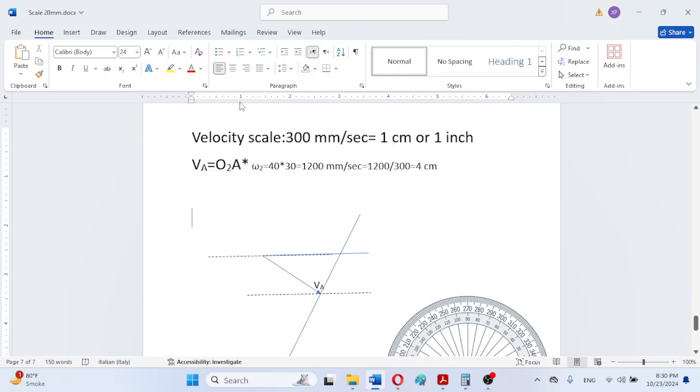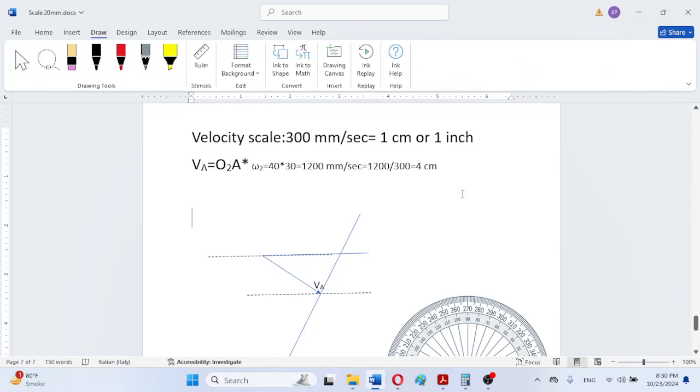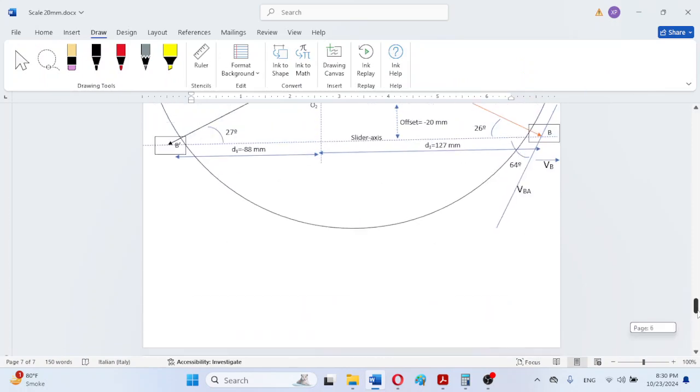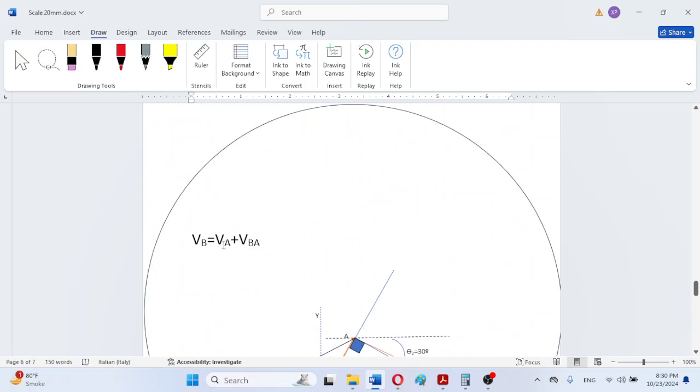Now we will be satisfying the arrow signs and this velocity equation which is shown here, and that equation states that the VBA vector will be vectorially added into vector VA. So the tail of vector VBA will be connected with the head of vector VA, and the tail of the velocity vector VB will be starting from the tail of velocity vector VA, and that will be connected with the head of velocity vector VBA.